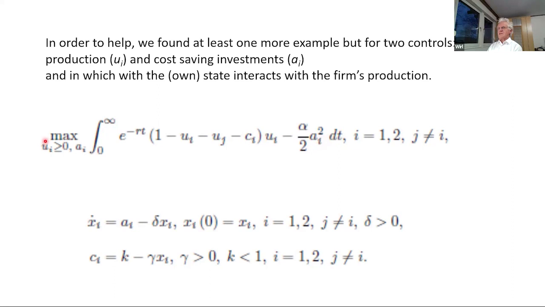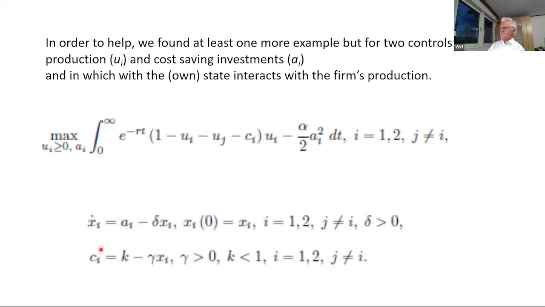One control is the production, and the second is the investment a_i. And the investment a_i improves your knowledge. So in this case, it's not learning by doing which drives your knowledge, but it's your investment that allows you to enhance your knowledge. Okay?